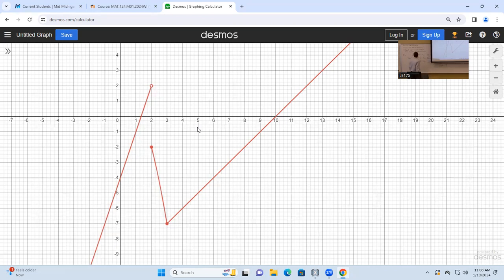So let me talk about continuity in general. There's a fancy math definition using limits for what is continuous. For this class, we don't need that fancy definition. All we're going to say is that a graph or a section of a graph is continuous if I can draw it without having to lift up a pencil.